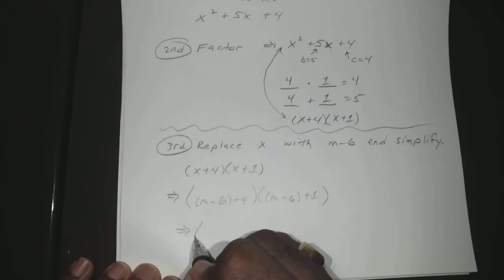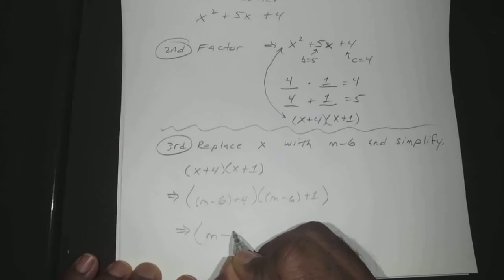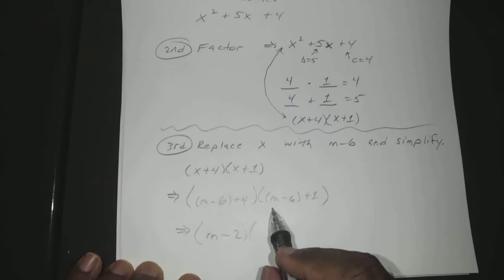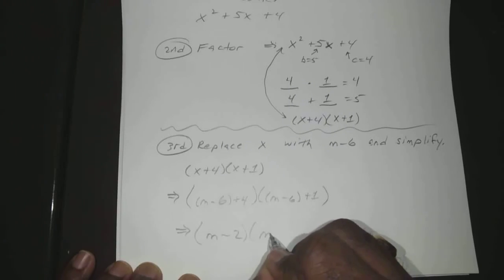Okay. So m minus 6 plus 4 is just m minus 2, and m minus 6 plus 1 is m minus 5.